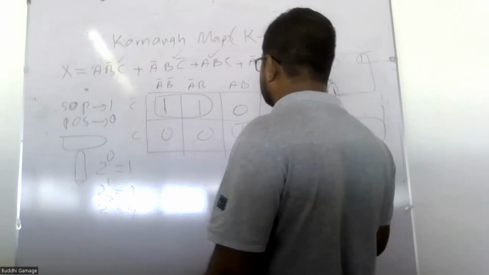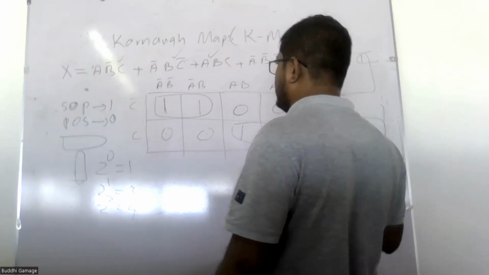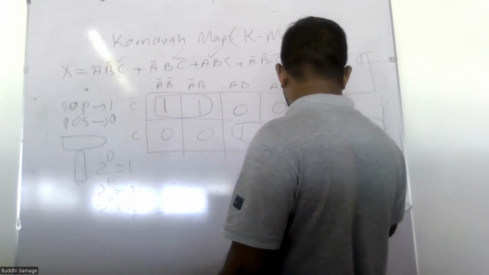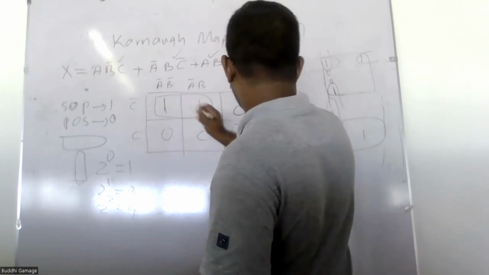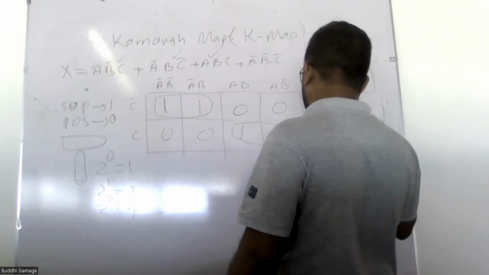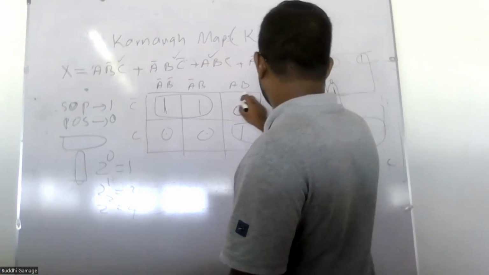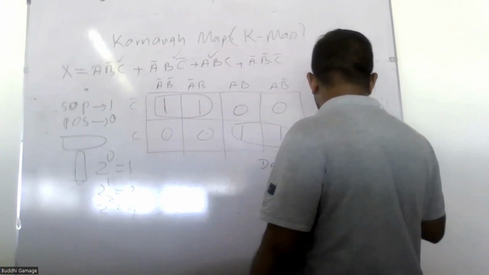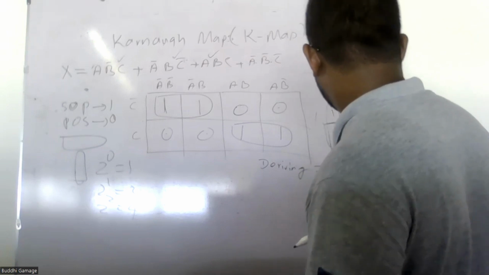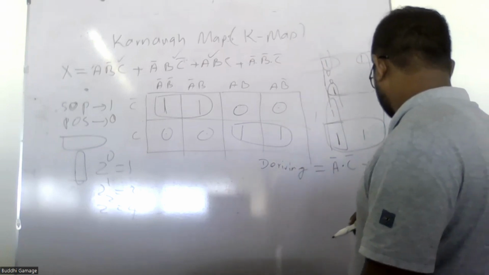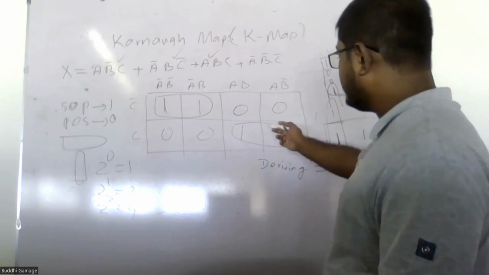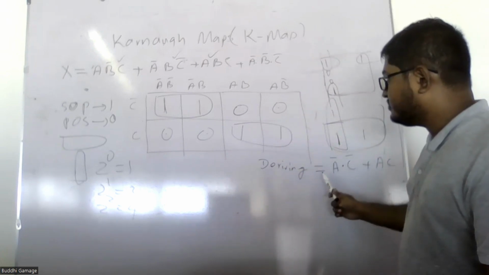So A bar and C bar plus from here is C. See what the unchanged variable is, E. So this is the answer for this particular example.